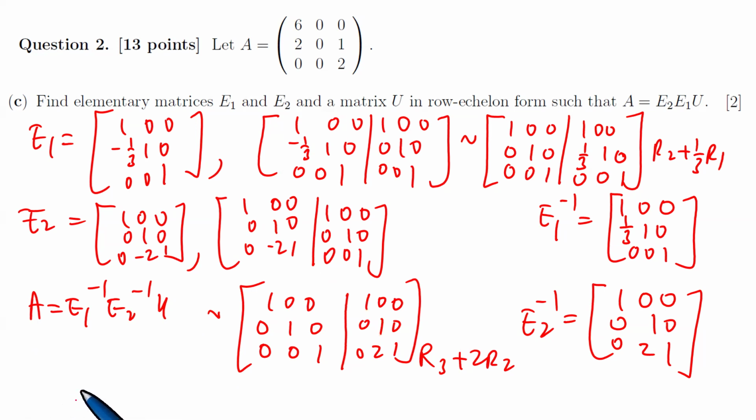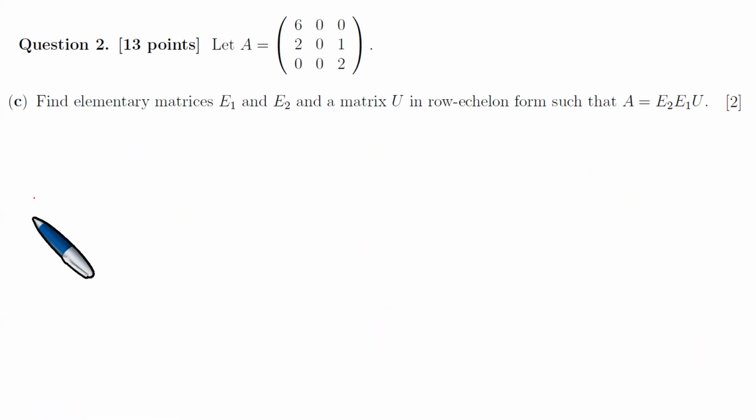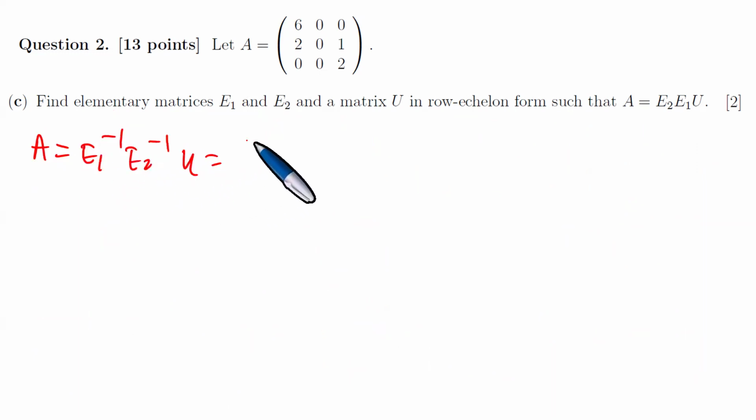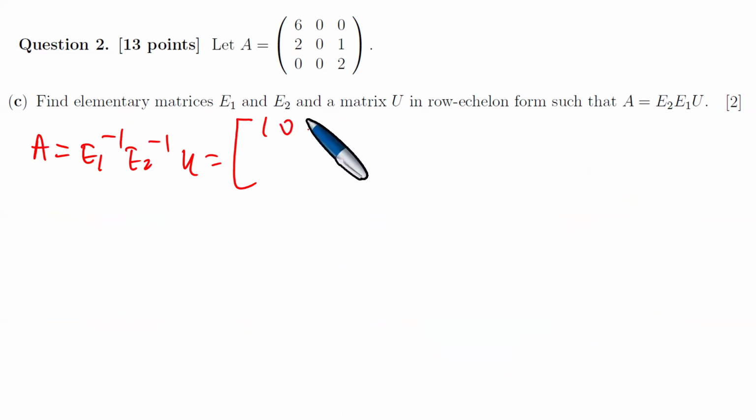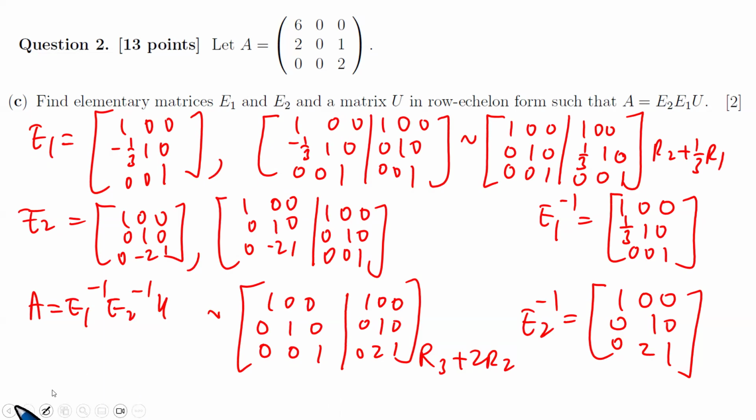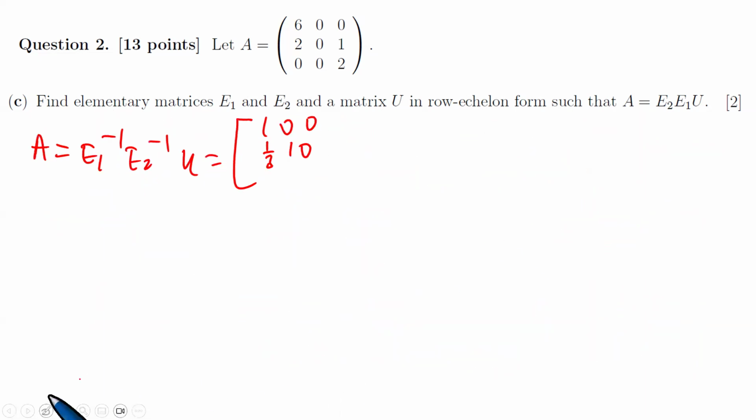So now we need to come here and say, if we claim that A must be E1 inverse, E2 inverse, U, what is the E1 inverse? The E1 inverse is this one: 1 0 0, 1/3 1 0, and 0 0 1.